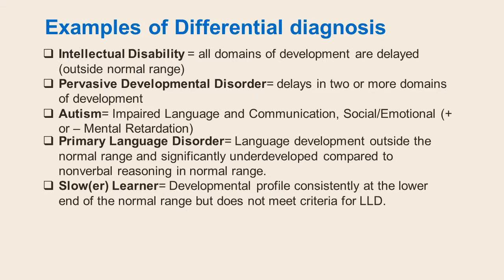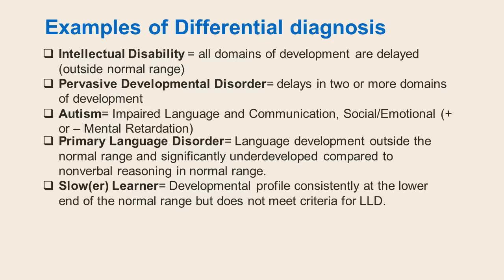Slow learner, developmental profile consistently at the lower end of the normal range but does not meet the criteria of LLD. So these are a few examples of differential diagnosis, the characteristics of a particular disability, how it looks.